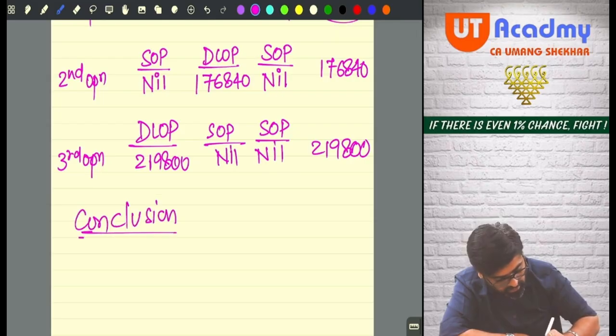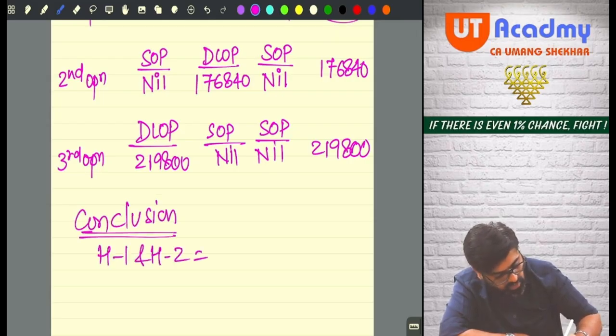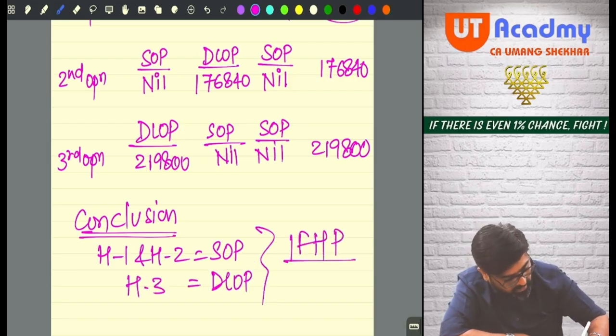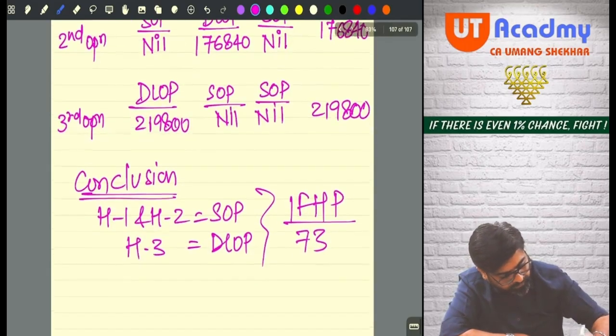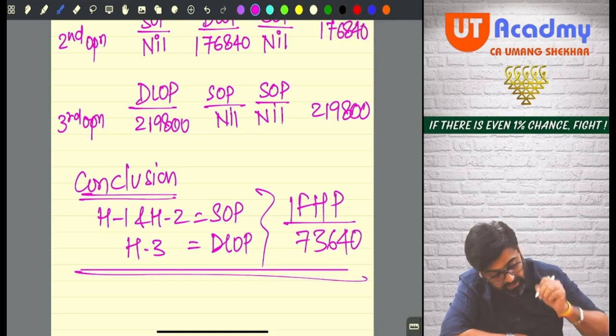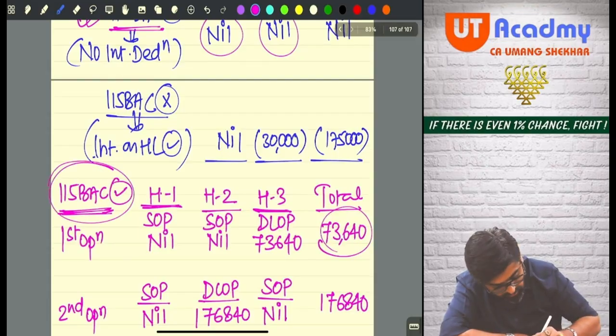Conclusion is what? H1 and H2 will be treated as SOP, H3 will be treated as DLOP, and in that case my taxable income from house property will be 73,640, and this is my conclusion if I follow 115 BSC.